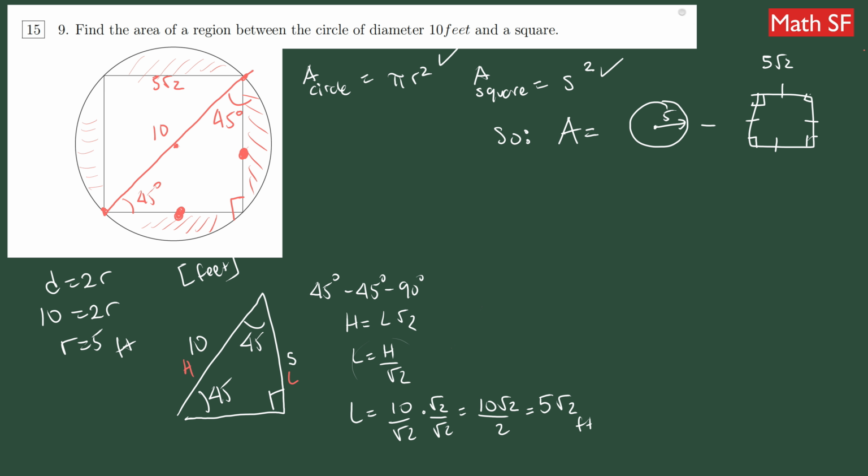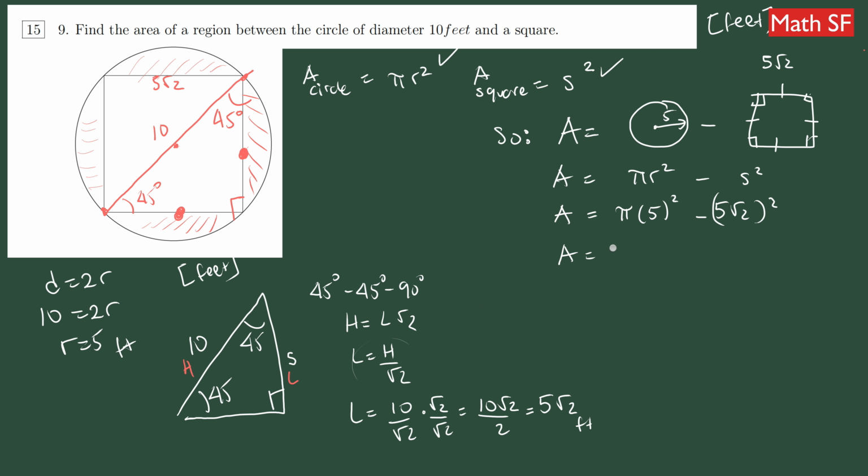And we're talking about feet. Everything is feet. I'm going to put this as a reminder again here. Now, the area should be, I'm going to write the formulas again, pi r squared minus s squared. Area is equal to pi, r in this case is 5, squared, minus s, which is 5 root 2, squared.